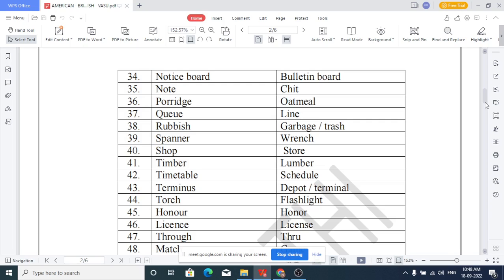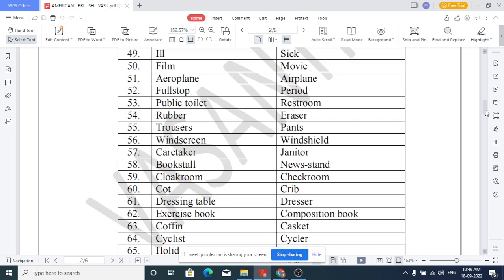Licence, license. Through, they use THRU. In our academics we use THROUGH. But in commercial writing, for example if I write a letter to a company, I write only THRU. I don't write THROUGH. Okay, continue.